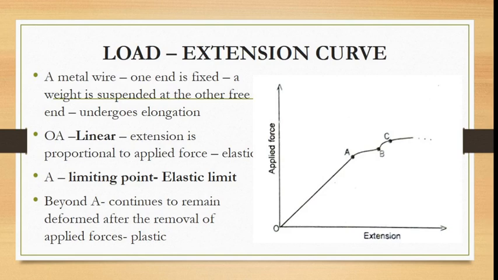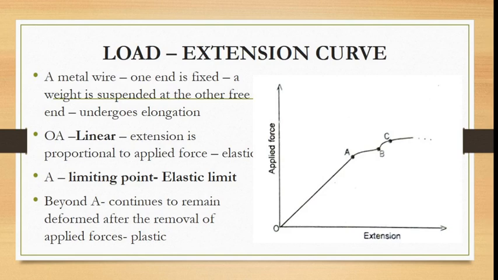So what happens when a weight is suspended at the free end of the metal wire? The wire undergoes elongation. And we have plotted a graph between the applied force and the elongation produced, that is the extension. So along the x-axis we have extension or elongation produced, and along the y-axis we have the applied force.